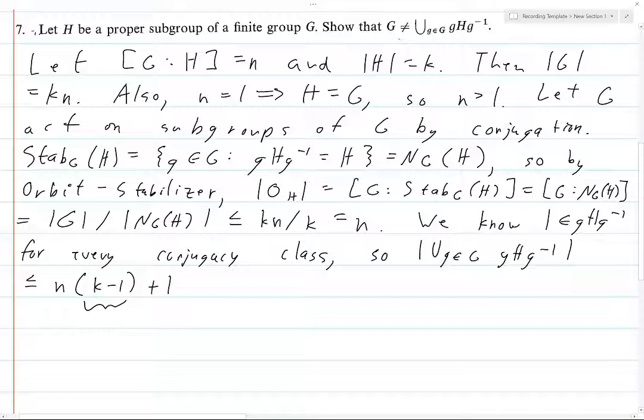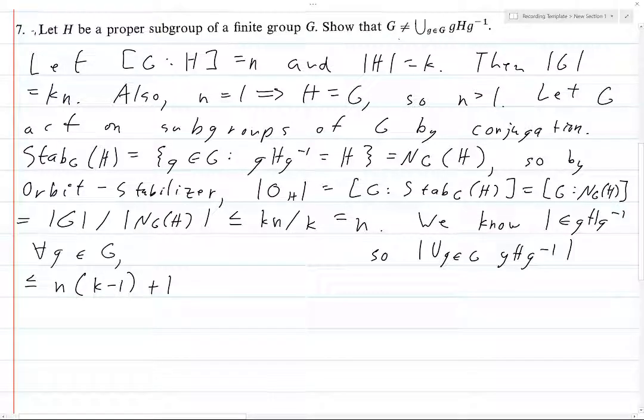So the order of this union, not just for every conjugacy class, but for all g in G. So this is less than or equal to, now for every single g in G, you're going to have the element 1. And so we're going to count that here. So the size of this is at least 1 because it contains the element 1.